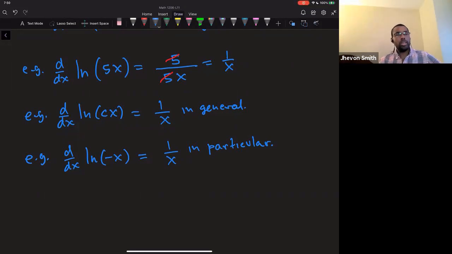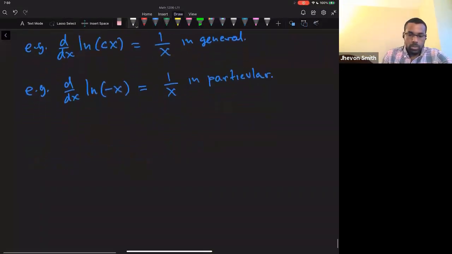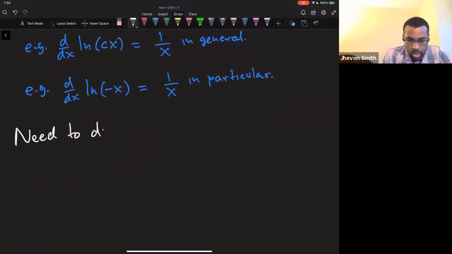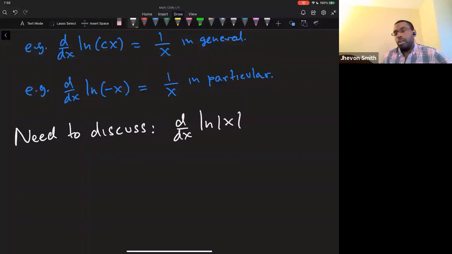Now that's actually something I do want to deal with specifically. Need to discuss the derivative of ln of absolute value of x.